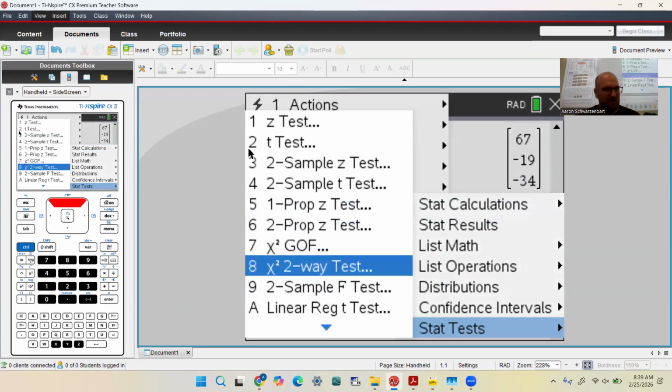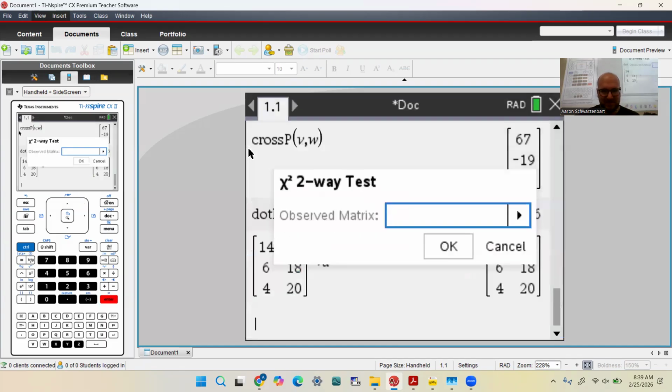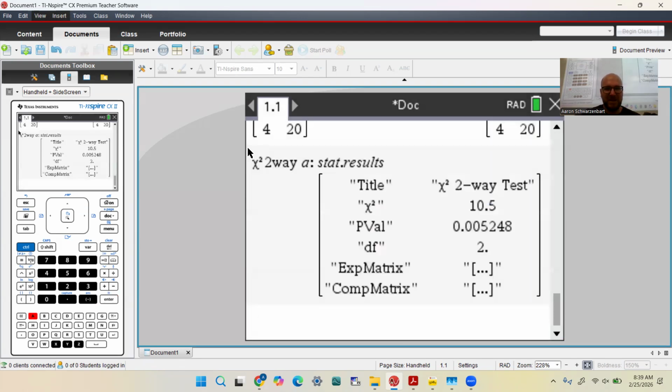And this is a chi-square two-way test. This is the one you use most of the time. Observed matrix. I called it A. This is why you need to name it. You don't need to calculate any of the other things. It calculates your observed for you, gives you your degrees of freedom.